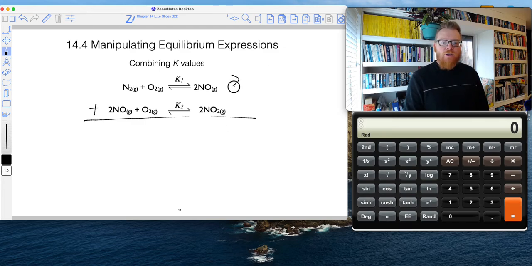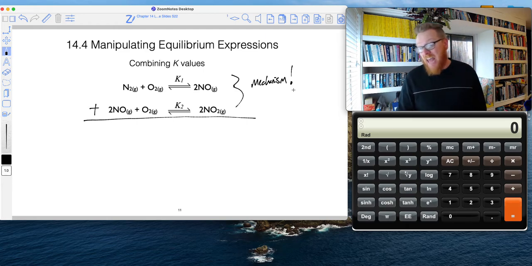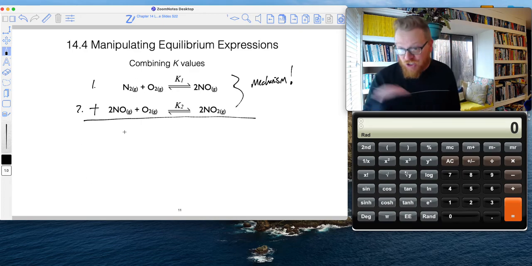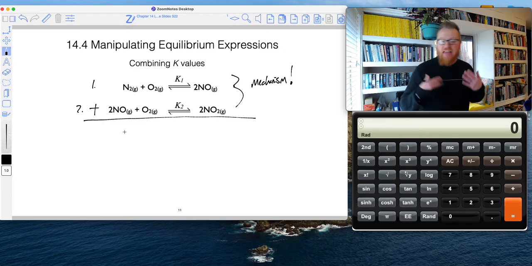We will later learn this as a mechanism, so we don't have to worry about this too much right now, but as we progress through the semester, we'll see that chemistry often occurs in steps, okay? So maybe this is like step 1 of our mechanism, and this is step 2 of our mechanism. And so if I were to add these two reactions together, that would give me like the total reaction.